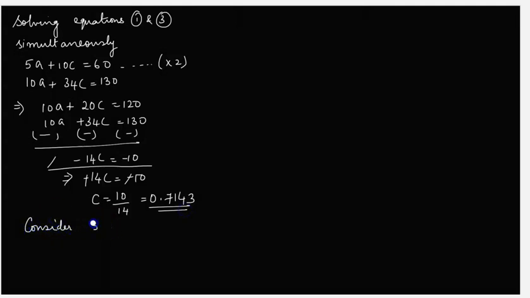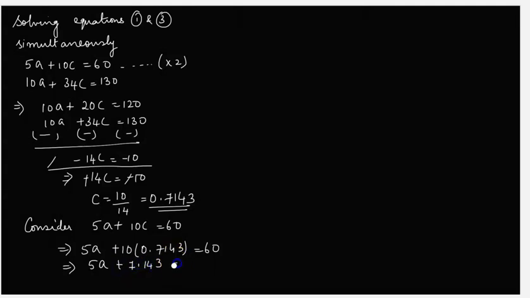Now take the first equation. So I'll consider 5a plus 10c is equal to 60. Which implies 5a plus 10 into 0.7143 is equal to 60, or 5a plus 7.143 is equal to 60, or 5a is equal to 60 minus 7.143.